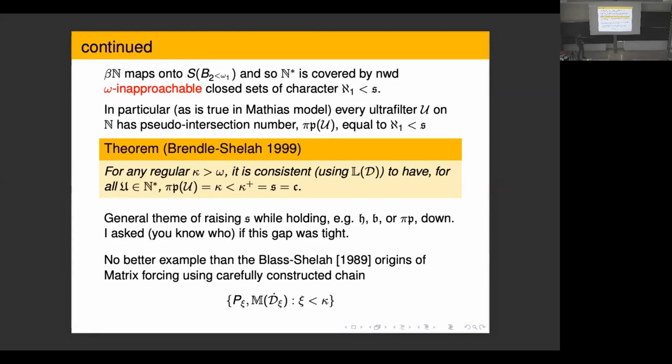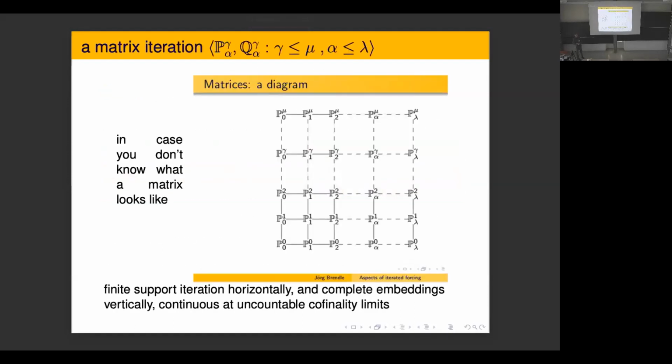So what they did was, well, let me just jump to the next slide. They use their component parts, iterating with this Mathias forcing, adding pseudo-intersections to strategically chosen ultrafilters and just going along. But here's what a matrix looks like.